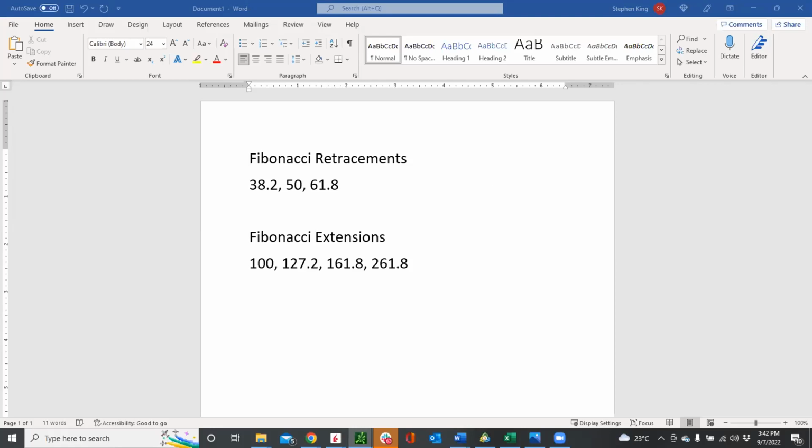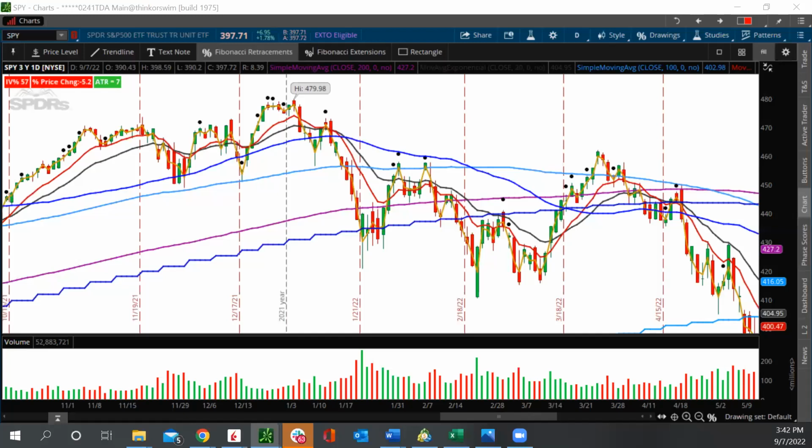Okay, let's go to a different screen share. All right, give me a 2 if you can see my chart of SPY. Perfect. Awesome.